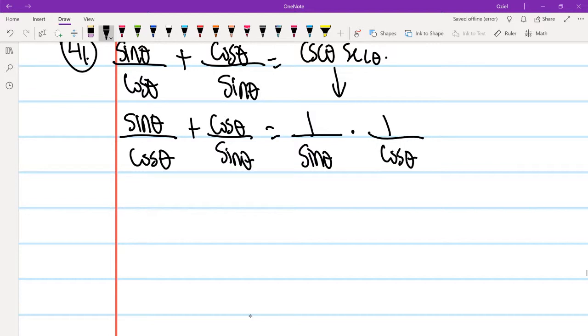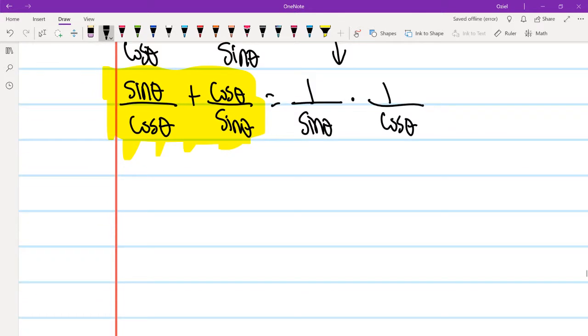So one of the things that you need to do in this part right here is you need to make sure that you get your denominators the same. So one way I'd like to do it is by actually adding it myself, working it out in a separate part.